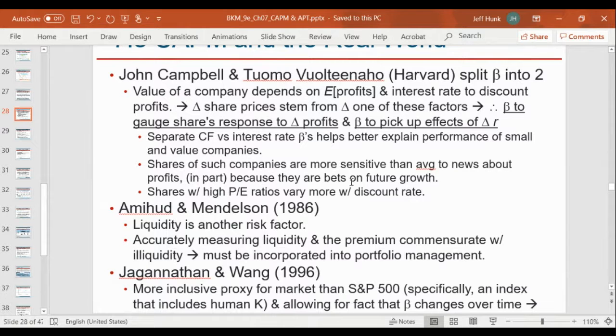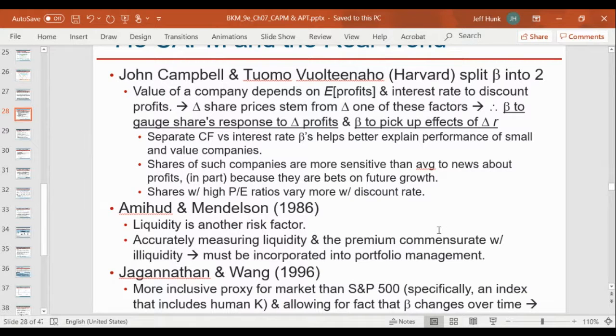Shares of such companies are more sensitive than average companies to news about profits, in part because they are bets on future growth. Shares with high price-earnings ratios vary more with the discount rate.